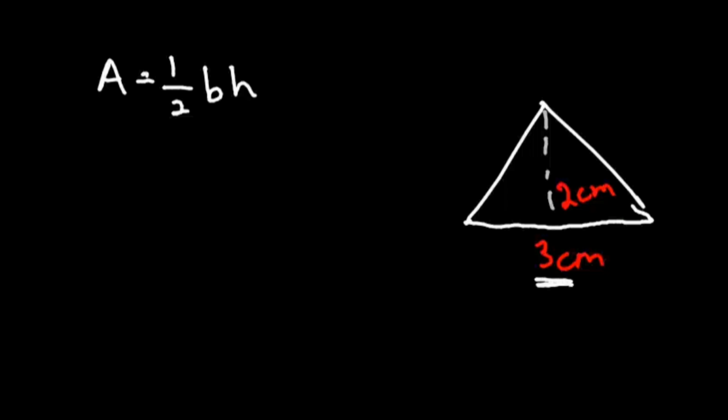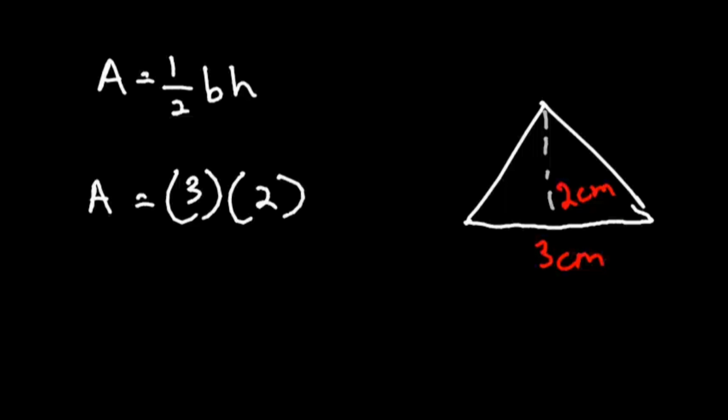Now we can put these values into the formula. So we have the base and the height marked by this line. Okay, let's plug them in. Area equals 3 times 2 over 2.